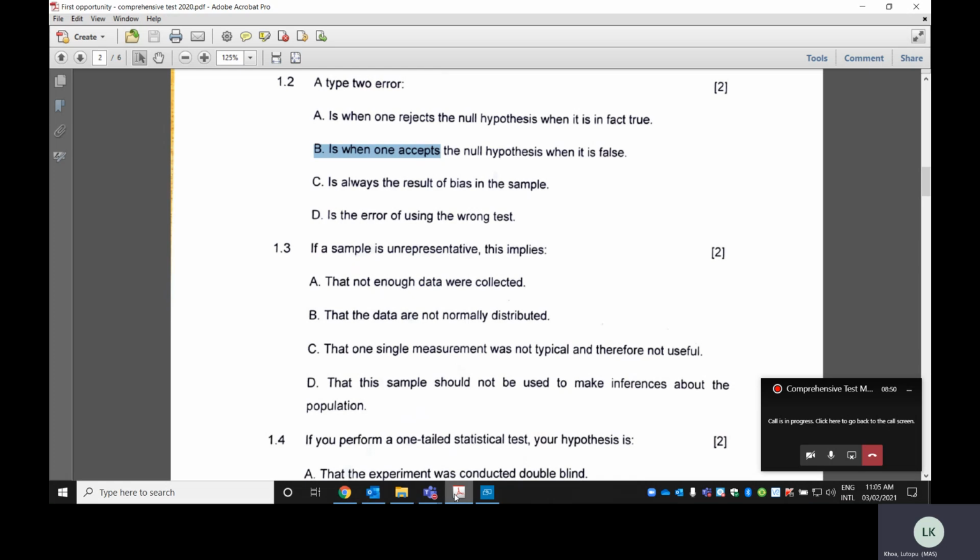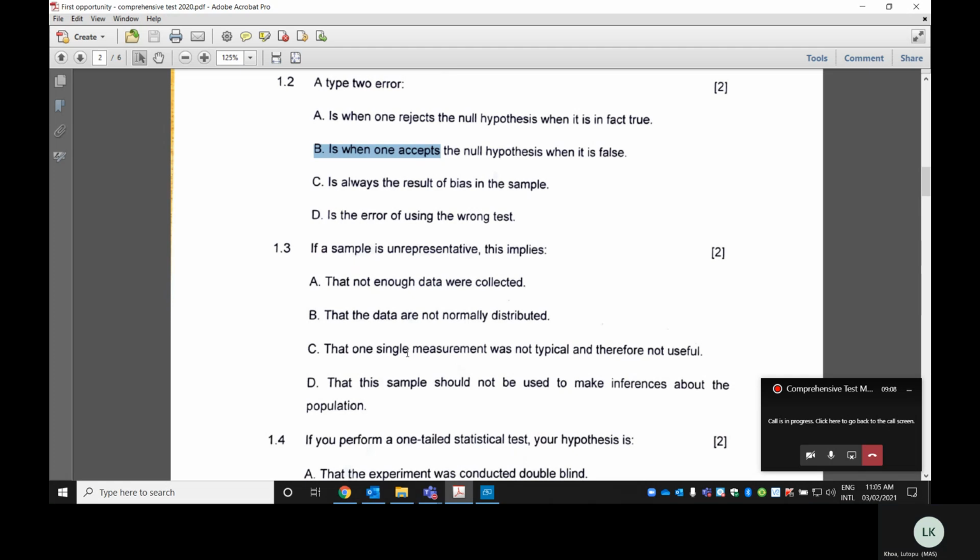So if we're being told that our sample is unrepresentative, let's say, for example, you're doing a study about men, and then your sample is 90% female, that is obviously not representative of the population, so you cannot make any inferences on that.